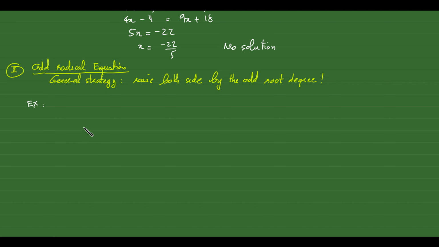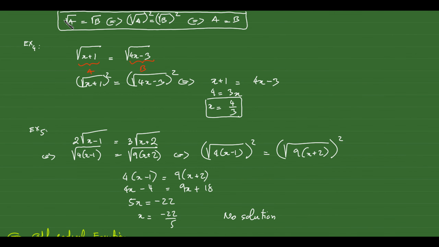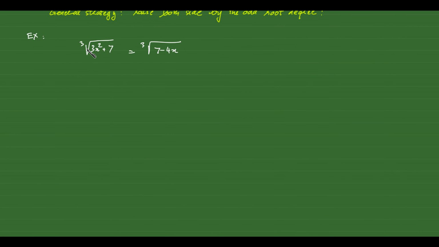What if I have the cube root of 3x squared plus 7 equal to the cube root of 7 minus 4x? So you see that this looks like it's in the form something like this, but instead of the 2nd root, we'll have an odd root.